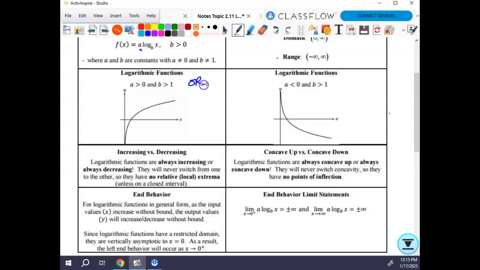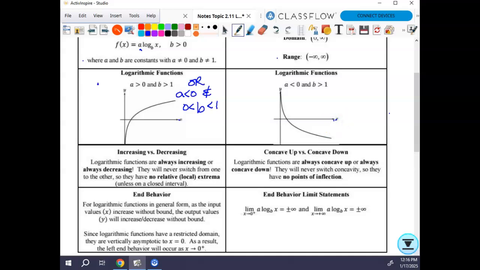Or another way is that if a is less than 0, which means I have a negative out there, so I'm going to have a reflection, and b is between 0 and 1. So basically, this only addresses if b is greater than 1, not something between 0 and 1. For this one, totally works if a is less than 0 and b is greater than 1, because all that changes from here to here then is a being negative, and if a is negative, I'm reflecting in the x-axis, that's why it would look like that.